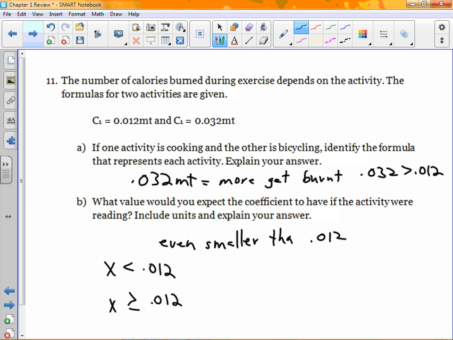Okay, that'll get both parentheses and brackets, and it'll also make us put positive infinity and negative infinity. So look, x is less than 0.012. So negative infinity, comma, 0.012, and then what am I going to use, a parenthesis or a bracket?